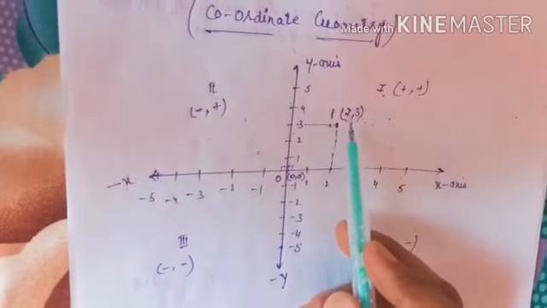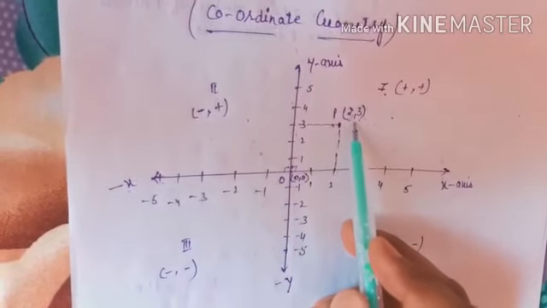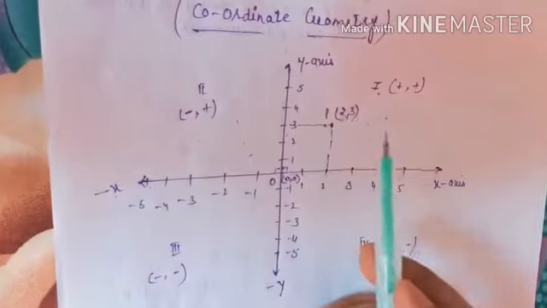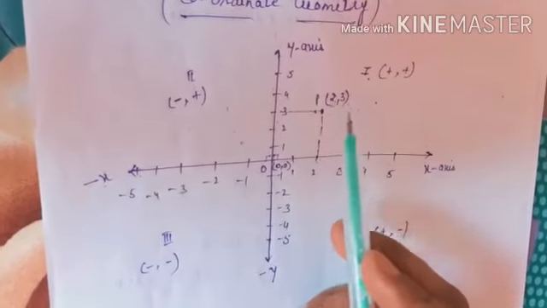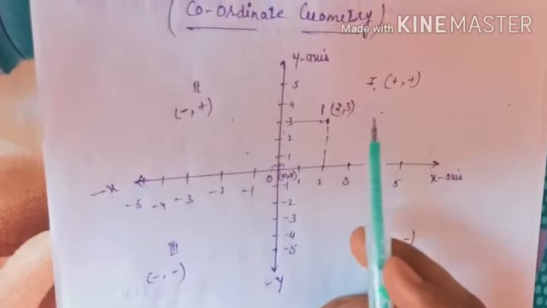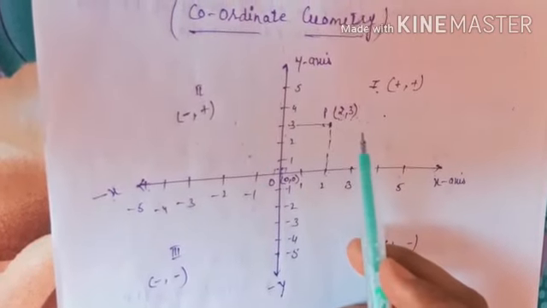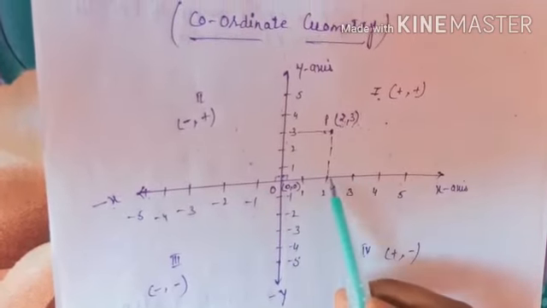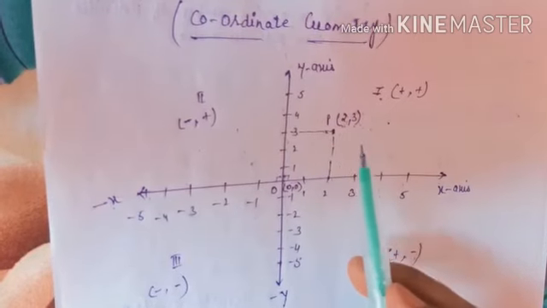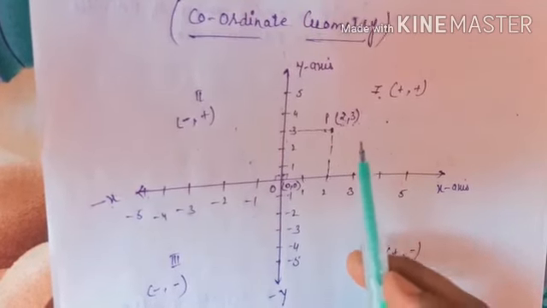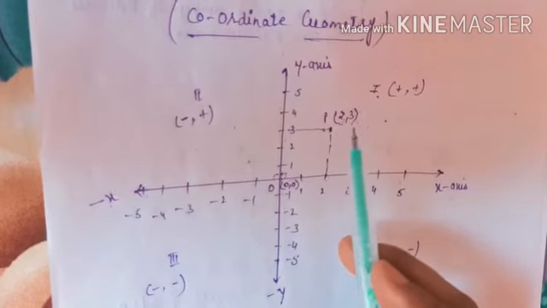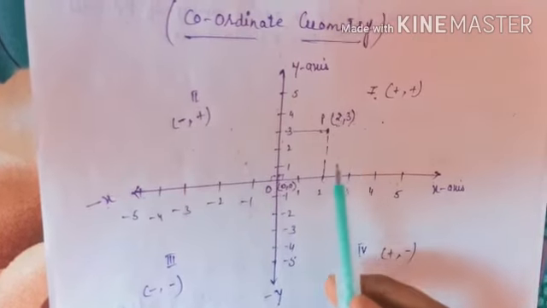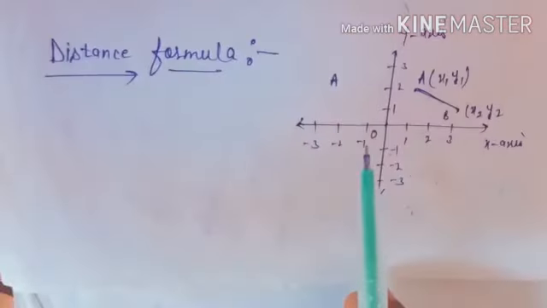You know the definitions, beta. The x coordinate is the perpendicular distance from the y-axis, and it is also known as the abscissa. The y coordinate is the perpendicular distance from the x-axis, and the other name of the y coordinate is ordinate. So in this way you can locate a point in a Cartesian plane.